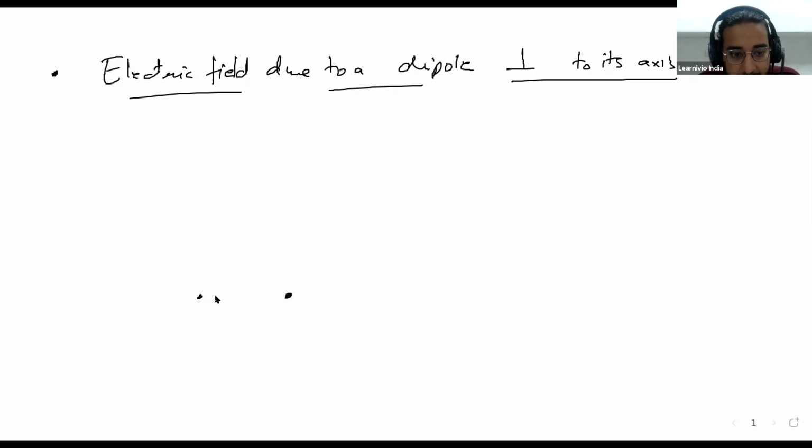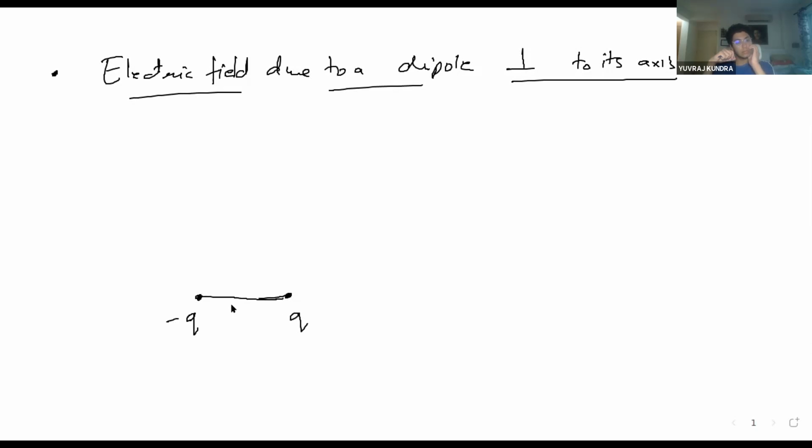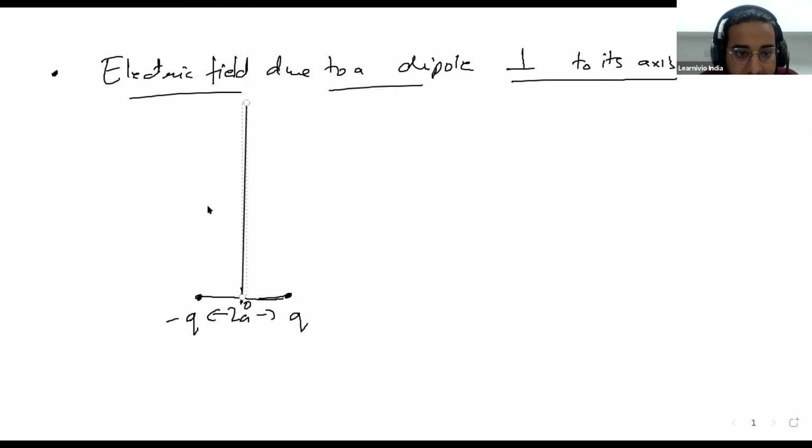So you have a dipole with charge minus q and charge q at a distance 2a away from each other, correct? The center point, let's call it O. Now what we're seeing is what is happening in the direction perpendicular. So we're seeing what is happening in this particular direction, right?